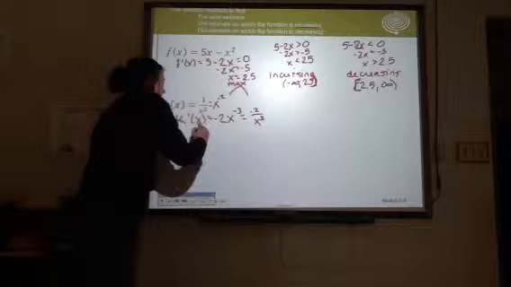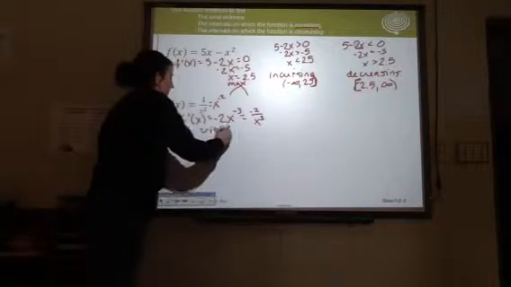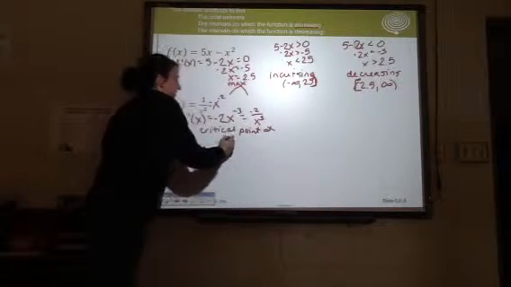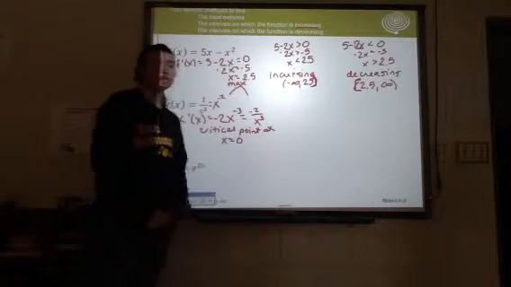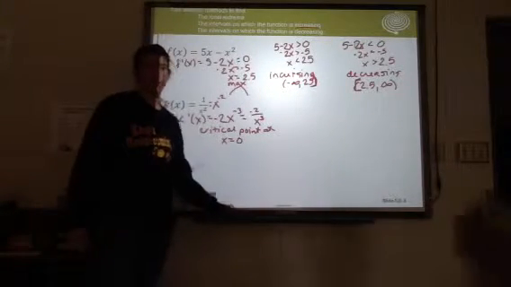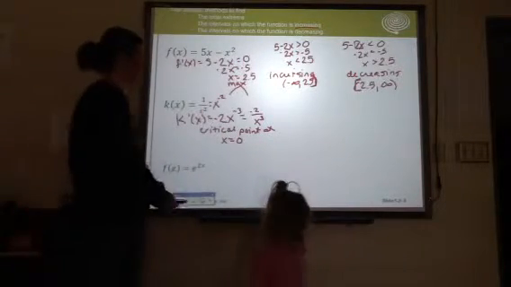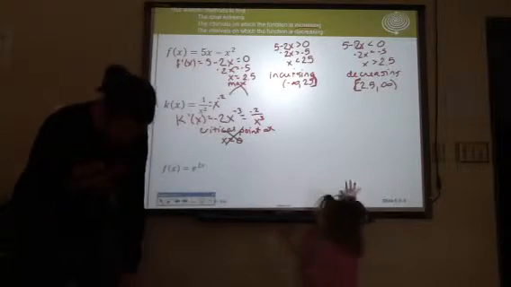So my initial thought is that the critical point is at x equals 0. But then you look at the original function and you notice that 0 is not in the domain of my original function. So actually we have no critical points here, so there are no maximums or minimums.